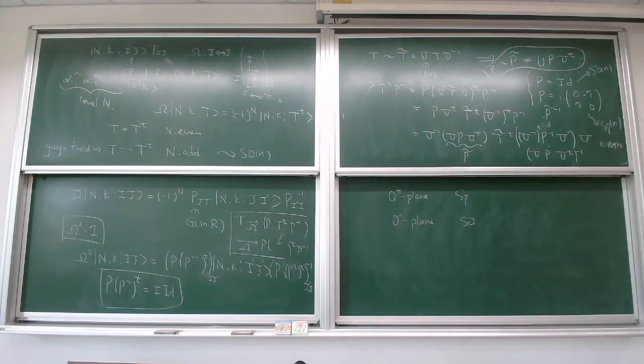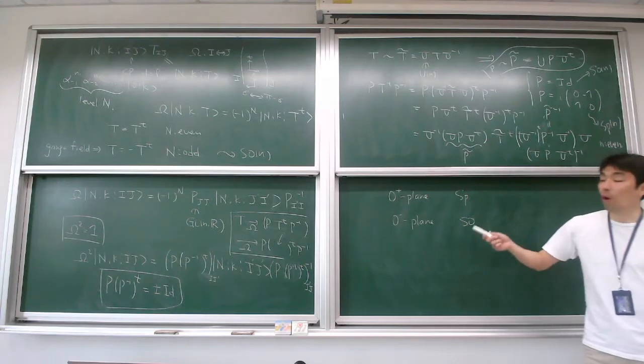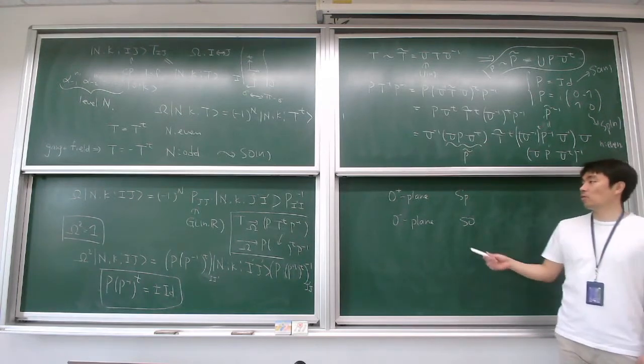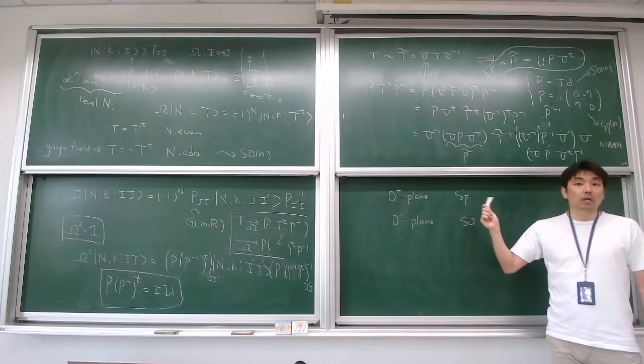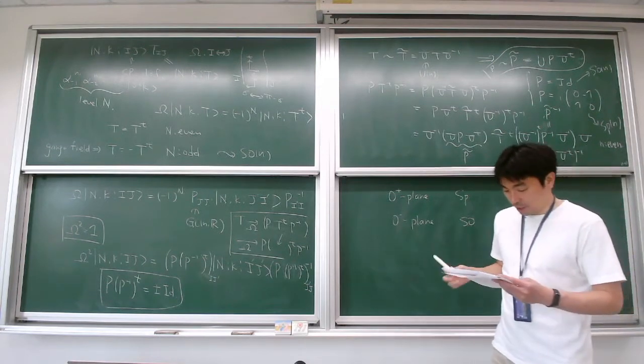These two types of orientifold projection can be understood as the presence of an O plane on the space-time filling O plane. O plus gives rise to SP, but O minus gives rise to SO.